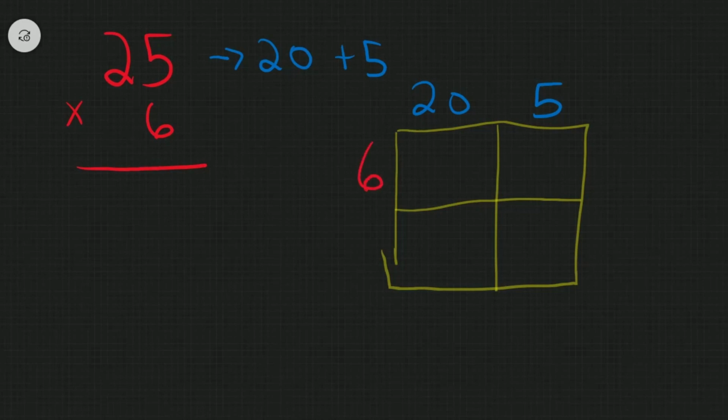So here's our 20 and 5, 25 times 6, and there's our 6. So the 25 is on the top and the 6 is on the side. Now, it doesn't matter if you put the 25 here and the 6 here, because, as you know, math is commutative.